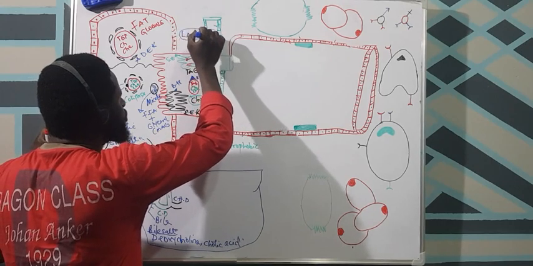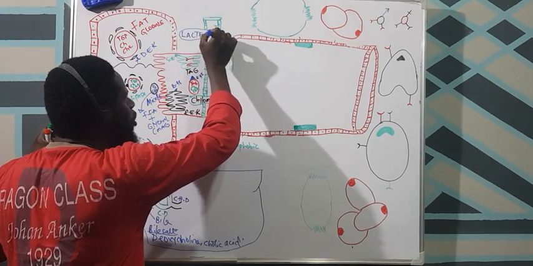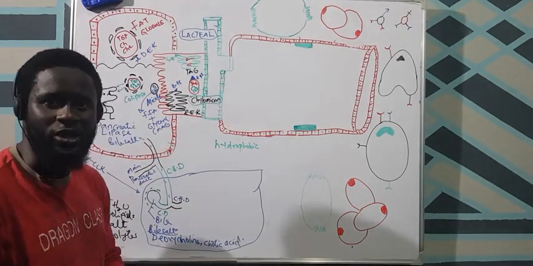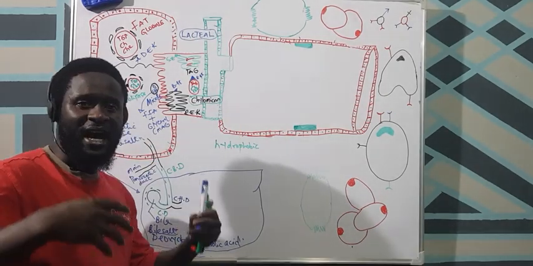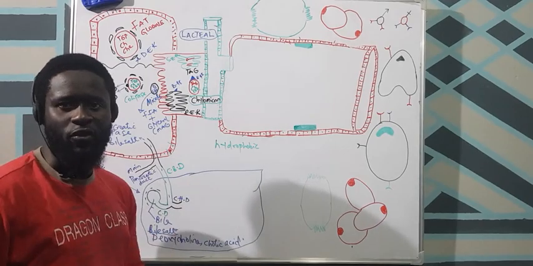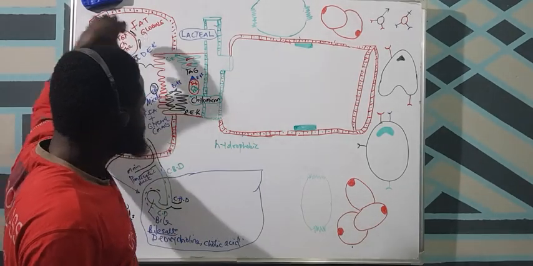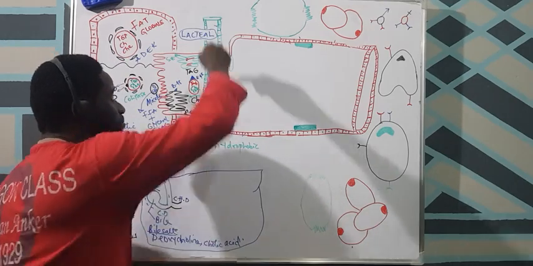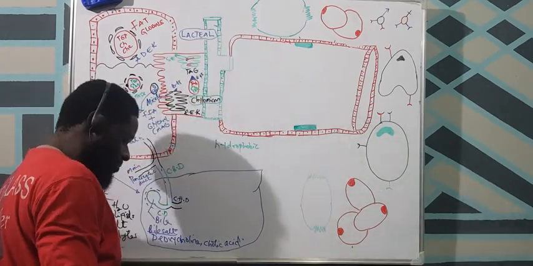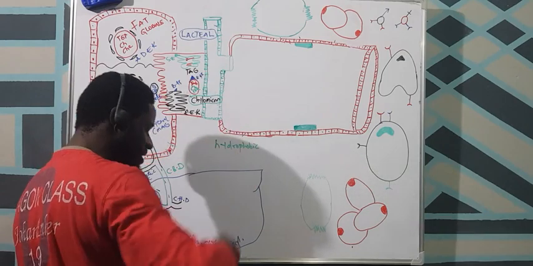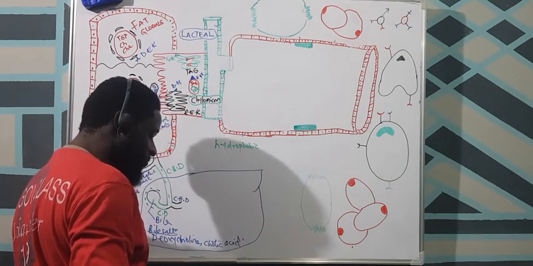I am very sorry, but you have to know all these things to understand and have an effective knowledge of lipoprotein metabolism. So the lacteal drains the chylomicron and passes it through the thoracic duct and dumps it inside the blood vessel.